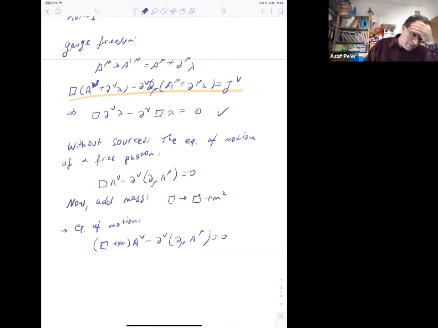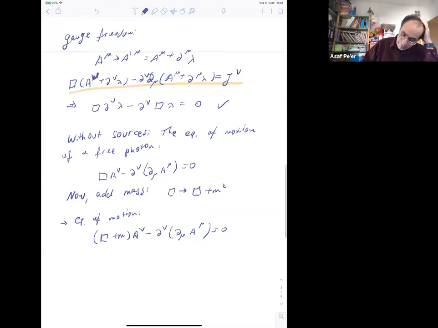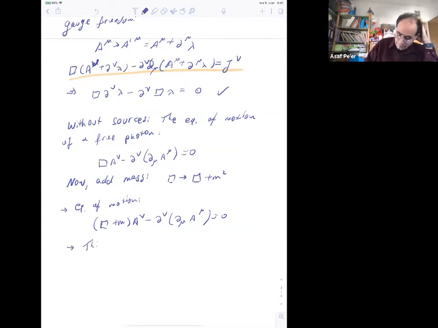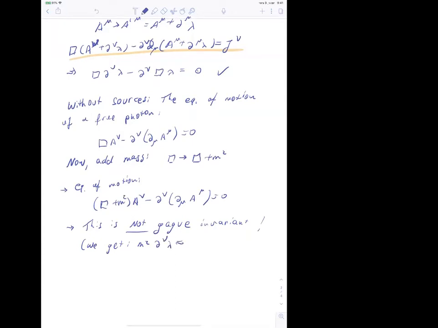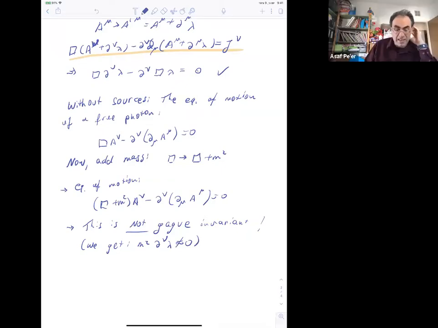So this is not gauge invariant, because we get an extra term of m squared d^mu lambda, which we cannot cancel out.